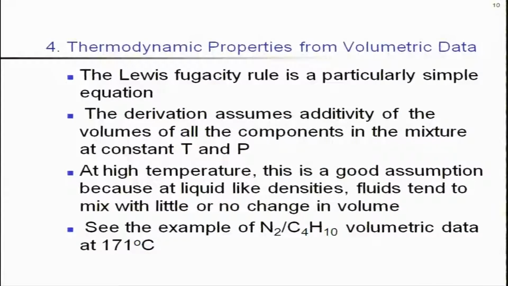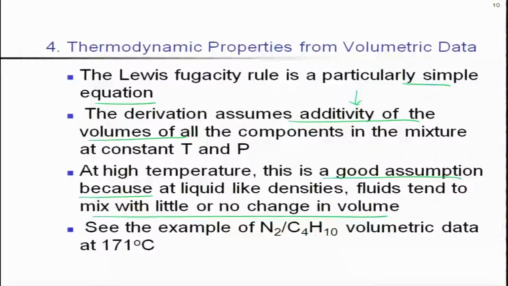So, the one which we just derived was based on the additivity of the volume for all the components. So, it is a very simple equation which inherently depends on the fact that the volume should be additive for the mixtures. Okay. So, it turns out that at high temperature, this is a good approximation, because at liquid-like densities, fluids tend to mix with little or no change in volume.